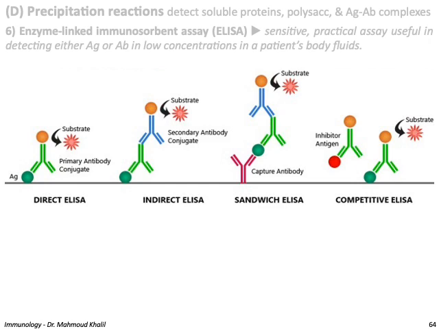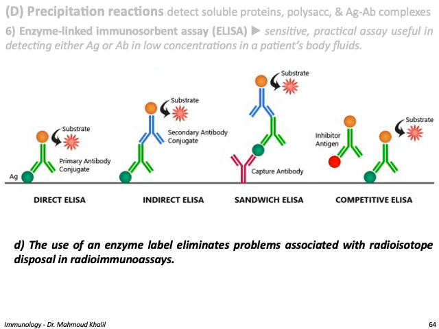In competitive ELISA, you have the antigen coated on the surface, and then there is another antigen which is an inhibitor antigen. So you need to have the process of competition and the efficiency of binding to the antigen coated on the surface, and the amount of signal arising from the reaction of the enzyme and substrate will tell you the amount of antigen present in the sample.